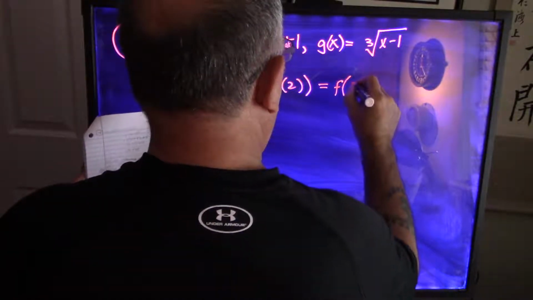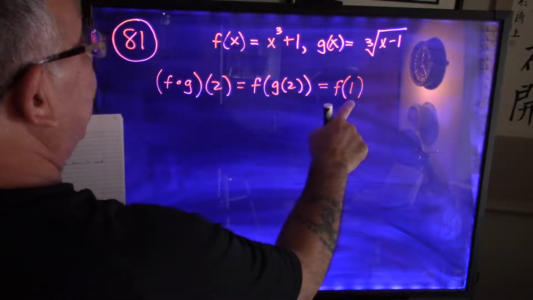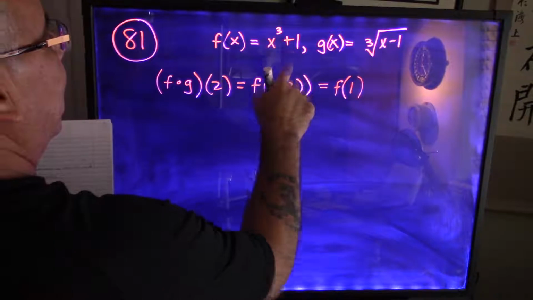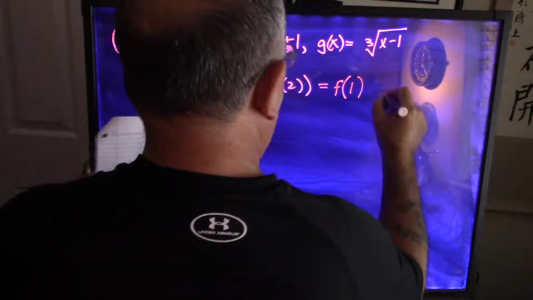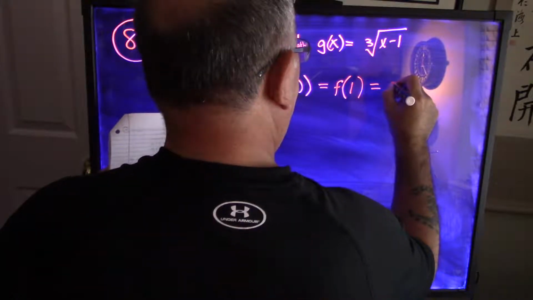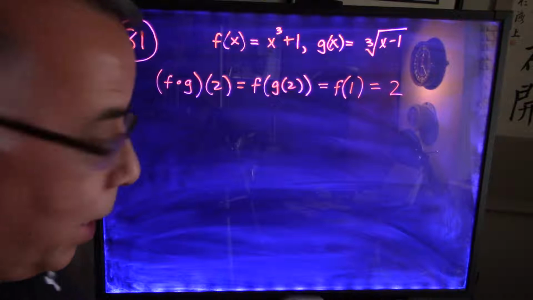Alright. Now we need f of 1. What's f of 1? Plug in 1 right there. 1 cubed is 1, plus 1 is 2. So it's as easy as 1 plus 1 is 2, isn't it? Alright. So there's your final answer for that one.